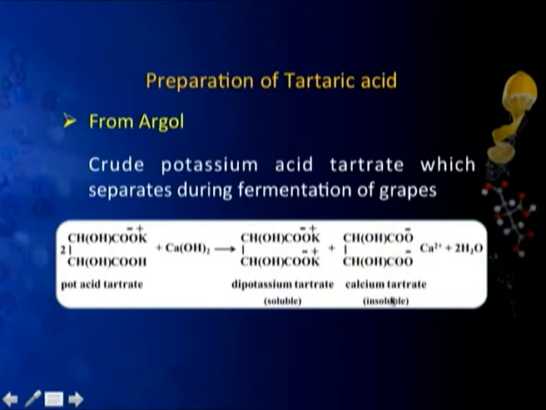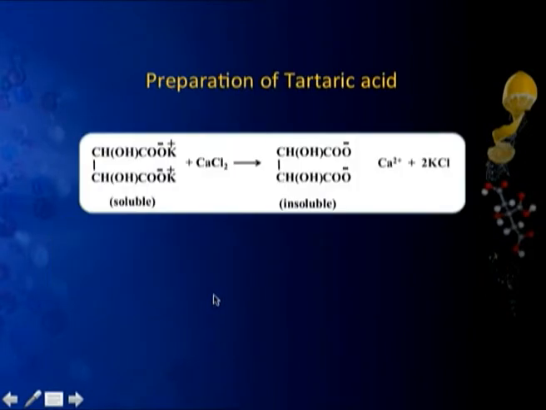Calcium salt is insoluble, it is precipitated out and filtered, whereas the dipotassium tartrate is soluble in water. To this aqueous extract further calcium chloride is added and this soluble potassium tartrate gets converted into insoluble calcium tartrate, which is also filtered.